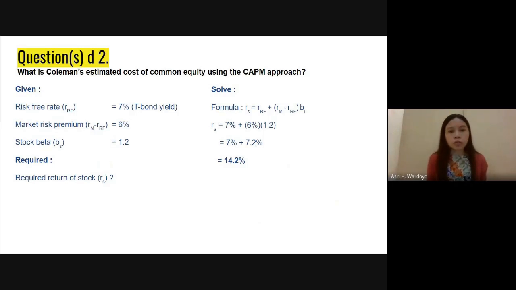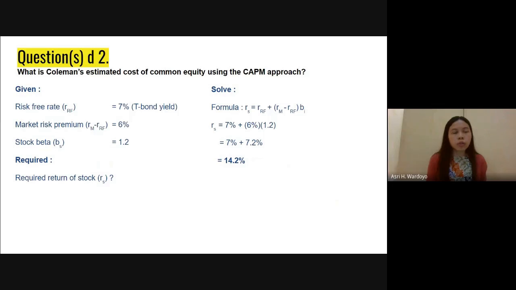We solve using the formula RS equals RRF plus (RM minus RRF) multiplied by beta. So we got the result 14.2%.